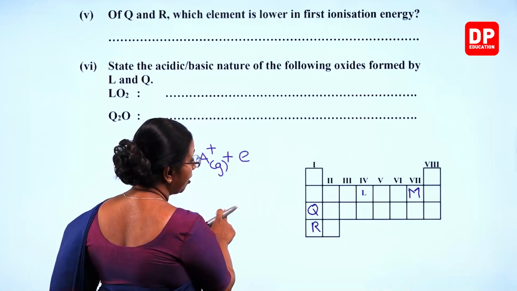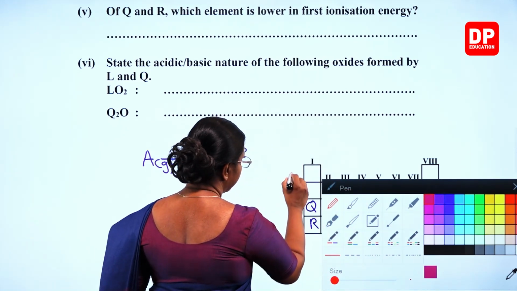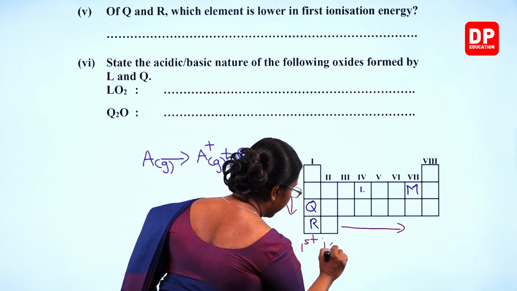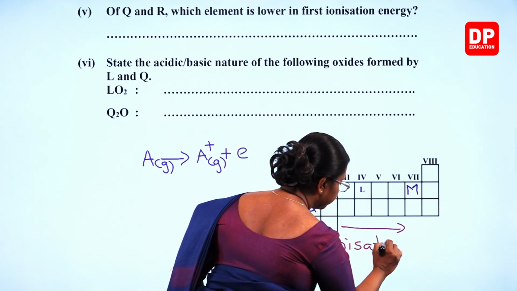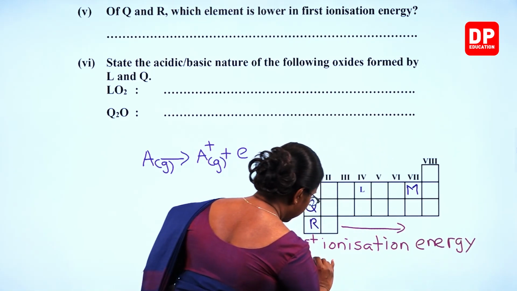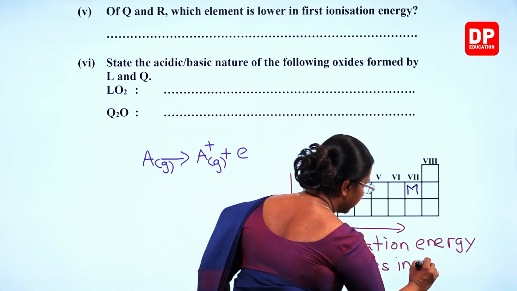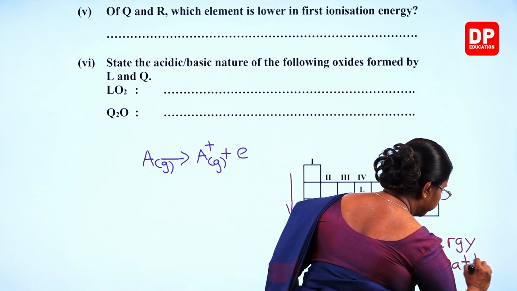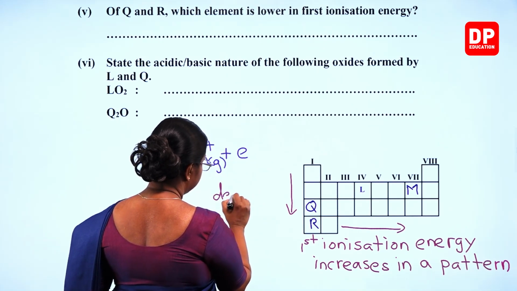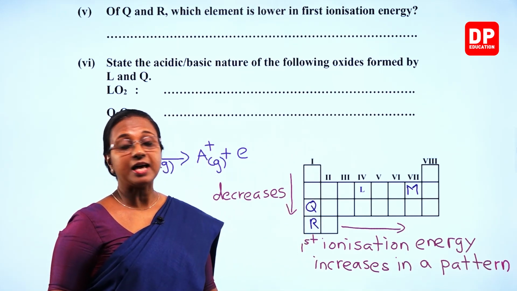Like I told you all, down the group and across the period, first ionization energy here of course increases in a pattern. Here of course it decreases, because the size increases.